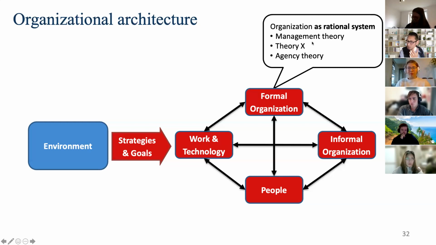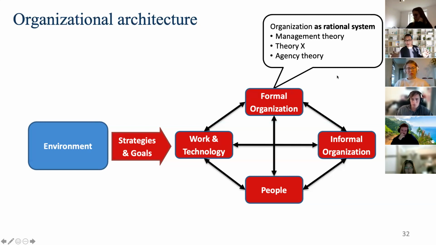And then you still remember the idea of theory X? So we have theory X and theory Y, right? These are about how to motivate the employees, the workers in the organization. Theory X is based on the rational system, meaning that you have to monitor the workers and give them incentives to motivate them to work, right? This is also based on agency theory.